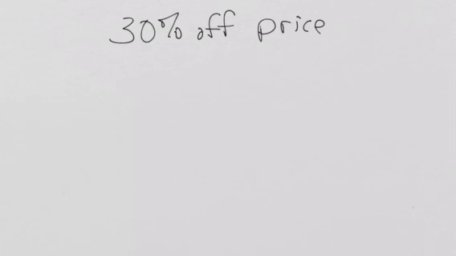Now, if we look at one last thing, this was kind of what you learned last chapter. Remember when we said if something was 30% off of the price, we could write the new price as 0.70 times P, because you would pay 70% of the price. Or maybe you would want to write 1P minus 0.3P.